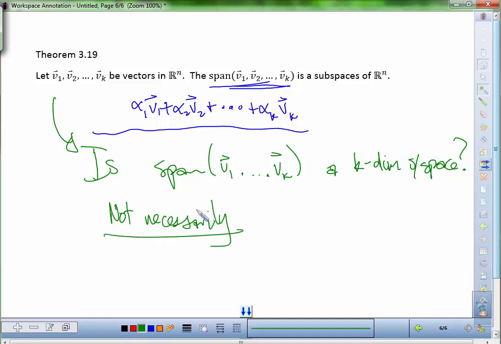If they're linearly dependent, we can eliminate some of those vectors because they would be linear combinations of a few other vectors. It would not be a k-dimensional subspace if this set of vectors is linearly dependent.